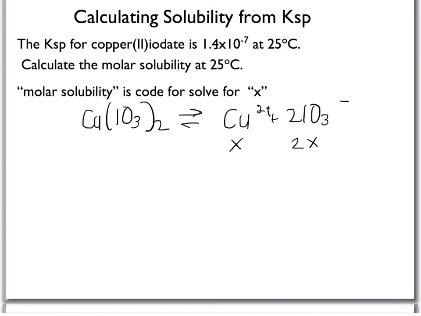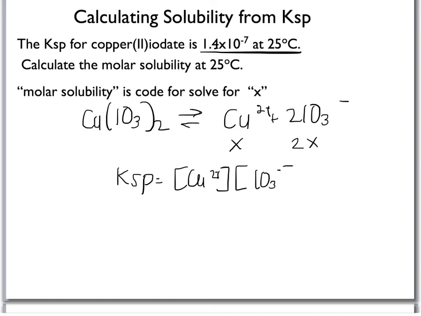And this time they're giving us the Ksp, so Ksp is going to equal the concentration of your copper times the concentration of your iodate ion, and then we've got to put that to the second power. So Ksp equals X times 2X squared, which equals 4X cubed.